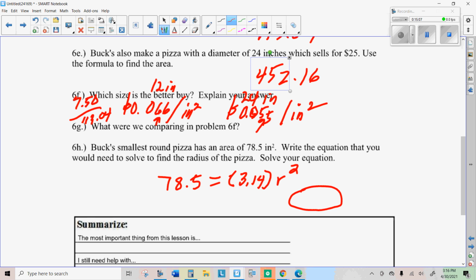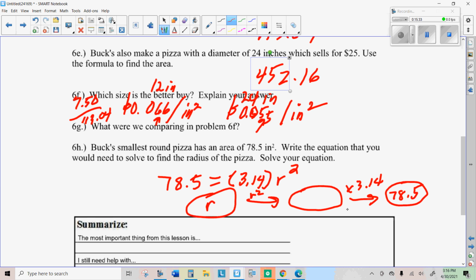There's two steps here, and you end up with an output of 78.5 by doing your radius. You start by squaring that. So I'll just write r squared for that. And then you multiply that by 3.14.